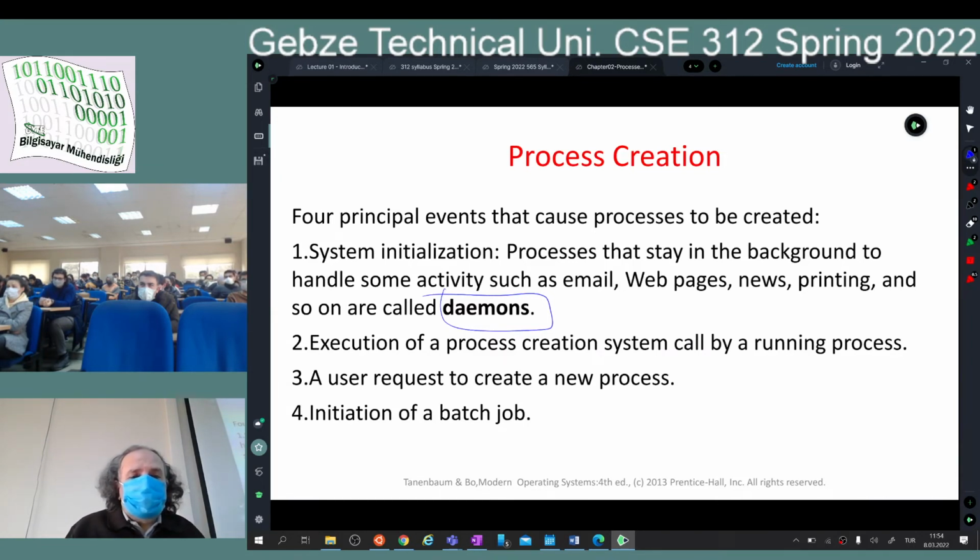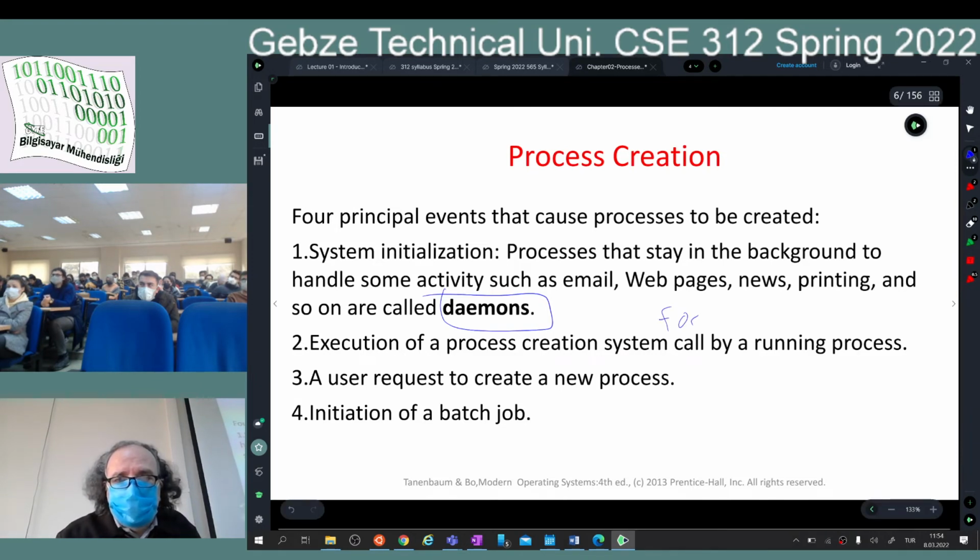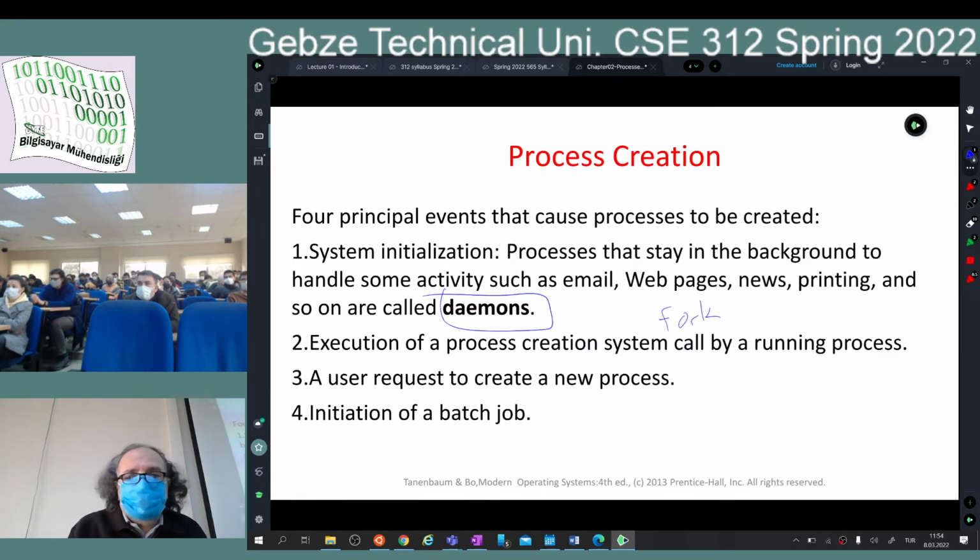They are initialized. Another way is execution of a process creation system call, for example, fork for Unix. If I make the system call fork, it will make a new process, which is exactly the same as the calling process.